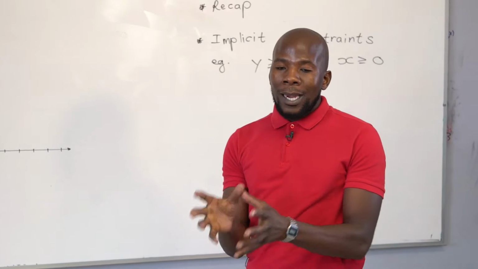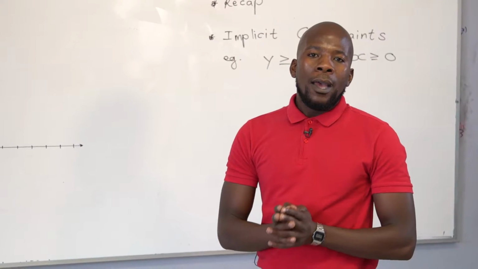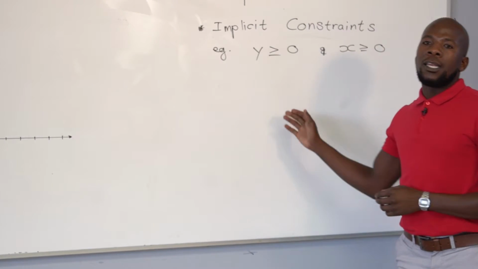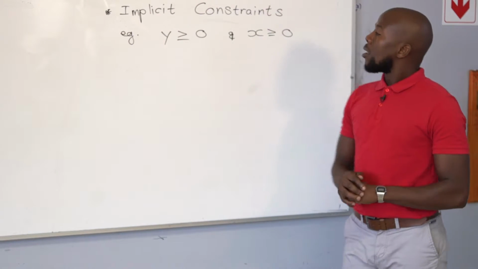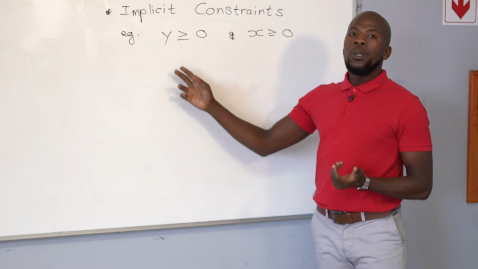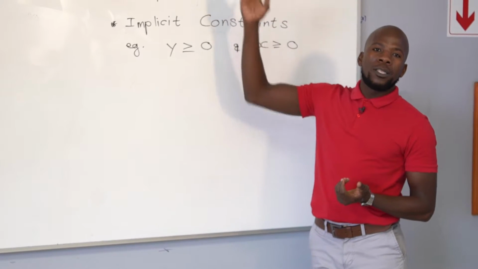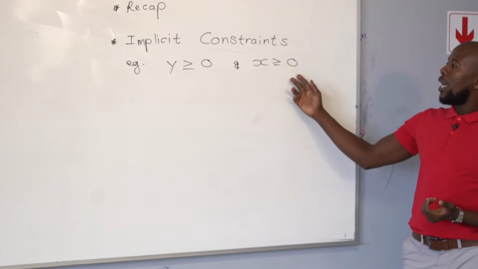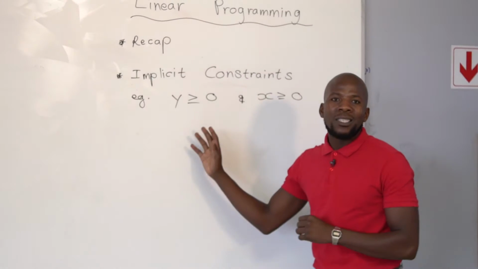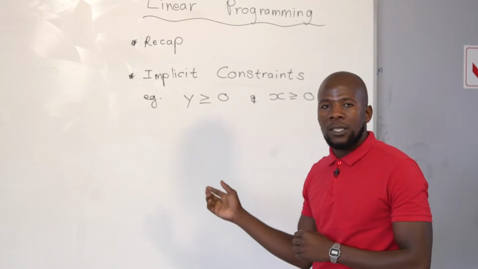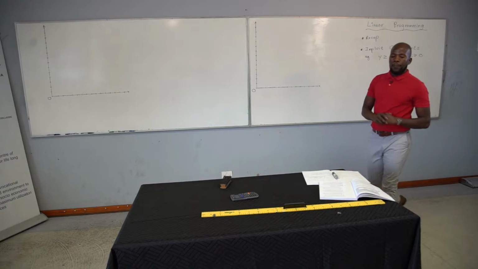So you need to analyze the statement that you're given and apply the constraints as is. As you've seen, the 2 constraints written on the board here simply mean that y will be 0 or a positive number, and therefore x will either be 0 or a positive number. We will not be dealing with negative x's and negative y's in this case.